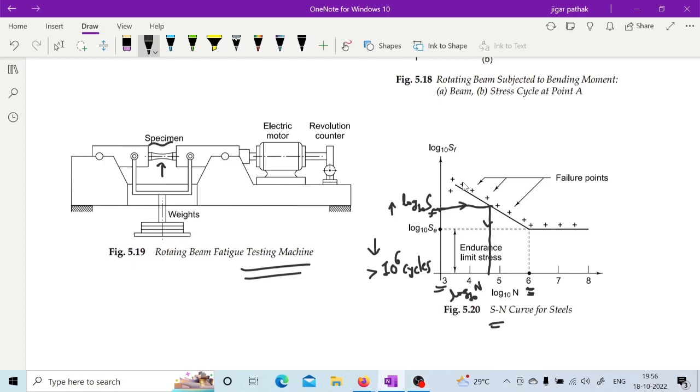These two terms are important. Endurance limit means it is the limit below which, if the stresses are acting, the component can work for an infinite number of cycles. Fatigue life means your stress is acting above the endurance limit, so it will have some finite life which can be calculated from this SN curve.